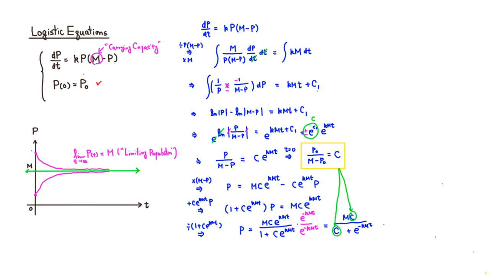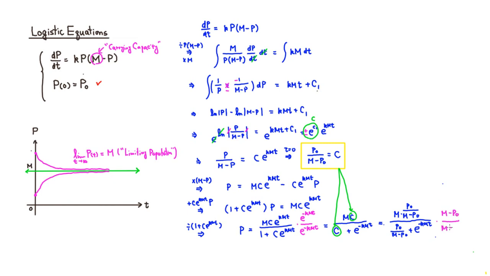So you end up getting M times P0 over M minus P0, over P0 over M minus P0 plus e to the negative kMt. The last step, since this looks very horrible, I'm going to multiply top and bottom by M minus P0.